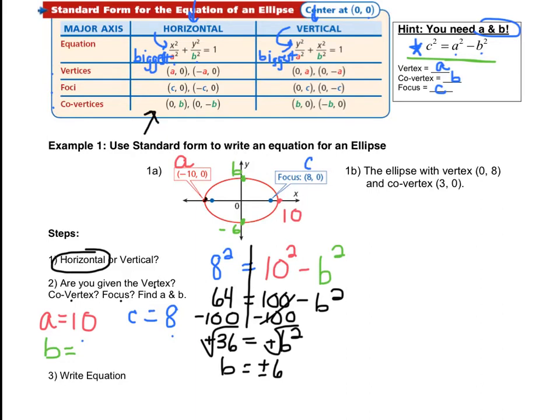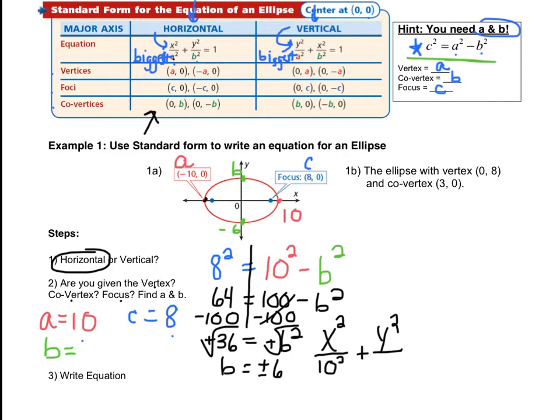But now that we have A and B, we can write the equation. If we follow the formula up there, we write down the x squared first. Underneath it, we'll put A squared. So A is 10. We're going to put 10 squared plus y squared over B squared.